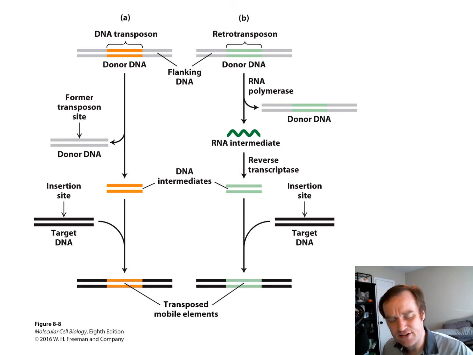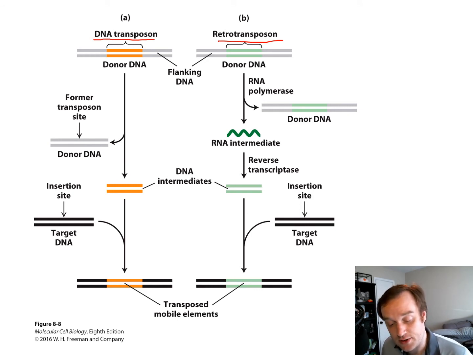They're kind of like molecular symbionts, and they have this unique ability to move throughout the genome by kind of cutting themselves out and then inserting themselves in other places. There are two types of these mobile elements: DNA transposons and retrotransposons.